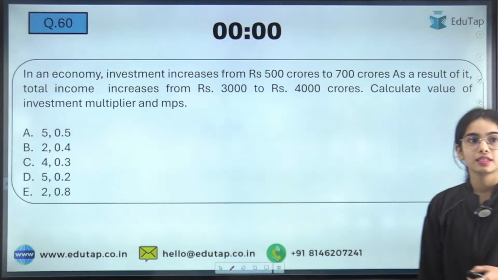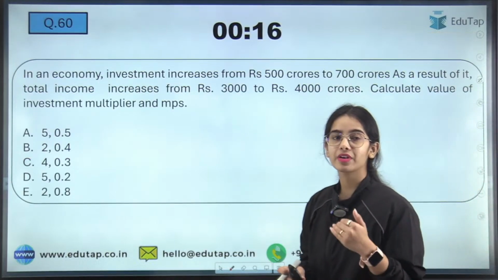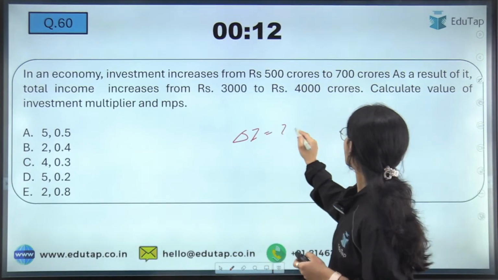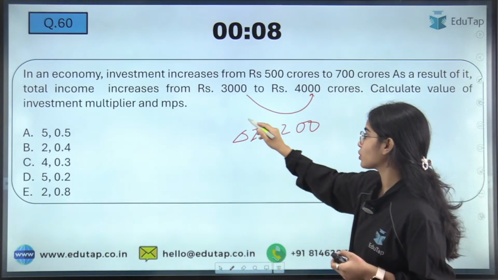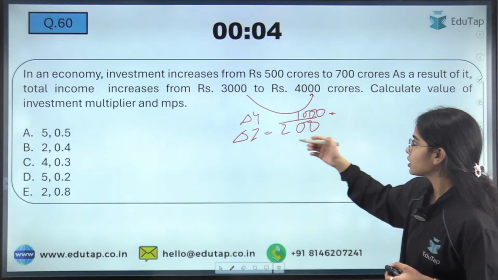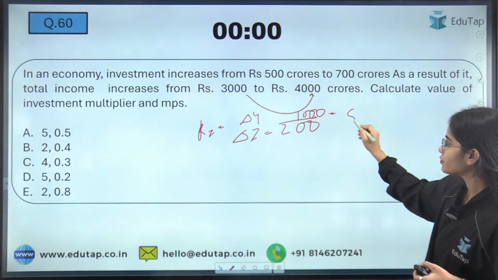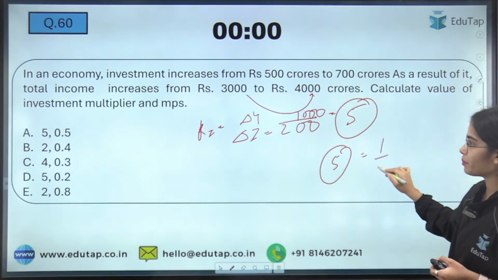Yes. Coming to the next question, in an economy, the investment increases from 500 to 700. So there is a change in investment of 200, and the income is increasing from 3000 to 4000. That is, the change in income is 1000. So here the investment multiplier is 5, and you have to find the MPS also.